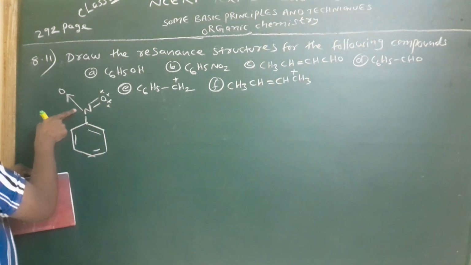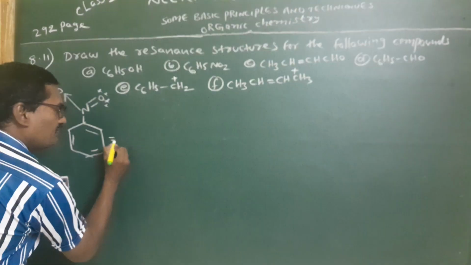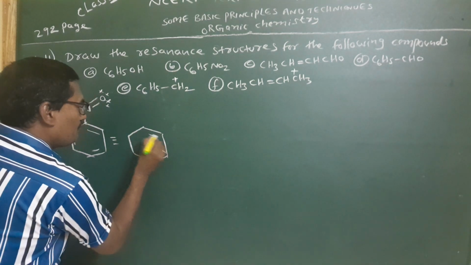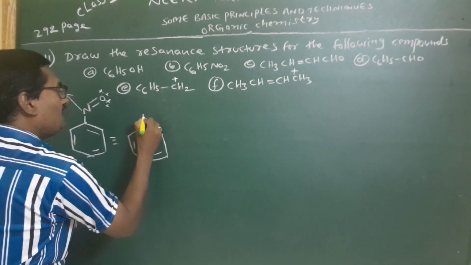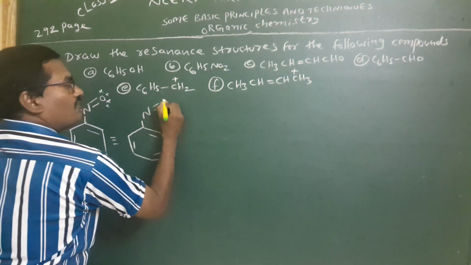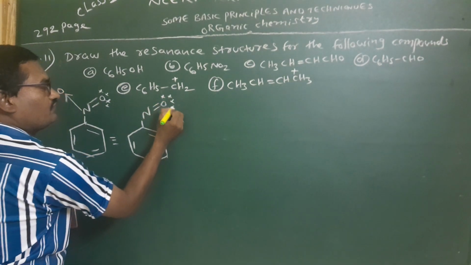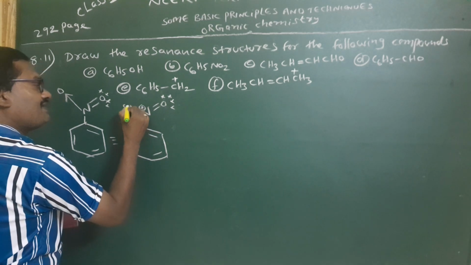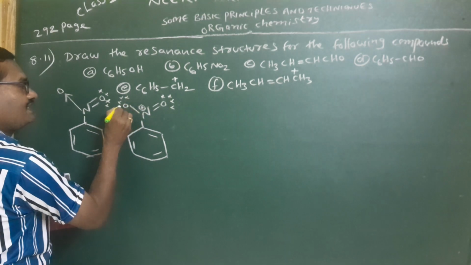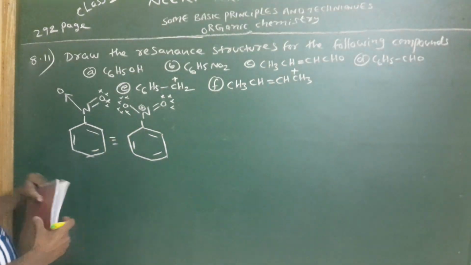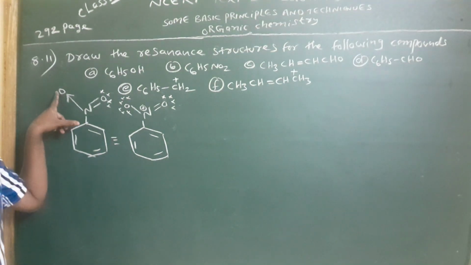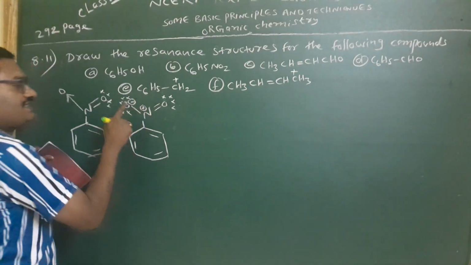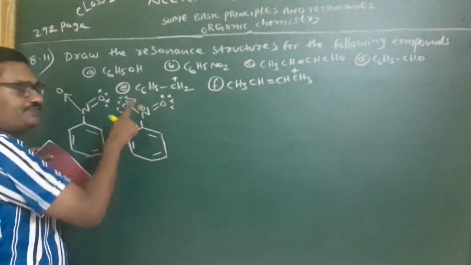Removing the dative bond, nitrobenzene will be written as pi bond, nitrogen has double bond oxygen. This oxygen, nitrogen contains plus, this oxygen contains 6 electrons. The dative bond oxygen contains 6 electrons and minus charge, nitrogen is plus.